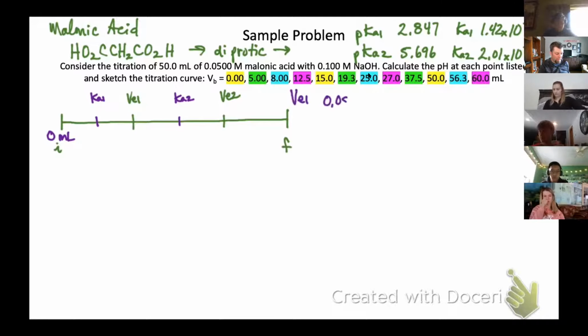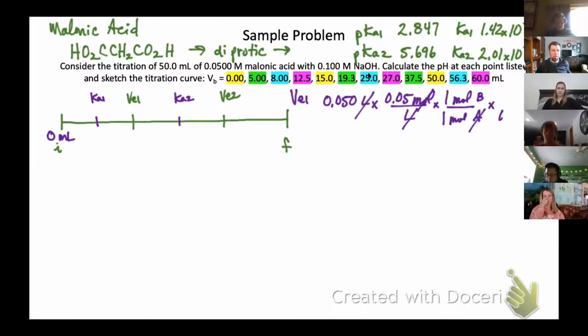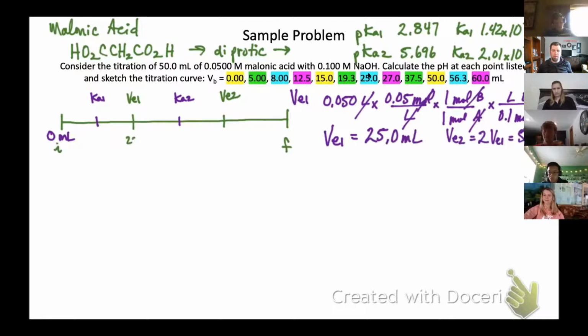After we do that, I believe we also all had the opportunity, but just out of review, we'll take a look here at the stoichiometry, solving for equivalence volume 1. Remember that we started with the 50 milliliters of malonic acid at 0.05 molar, solved for the number of moles of acid, and then we used the mole-mole ratio from the malonic acid and the strong base sodium hydroxide for the first equivalence point to solve for that volume.